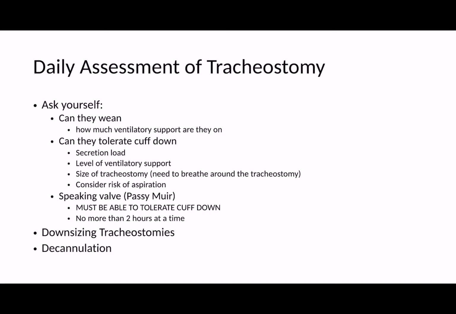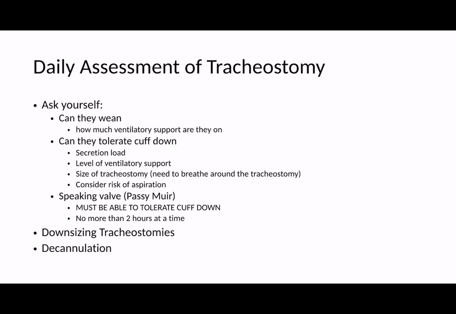Now, if you are bringing the cuff down, what you're saying is that you want the patient to breathe around the tracheostomy. Now, in order to do that, they need to have a small enough tracheostomy that there is space around the trachea and the tracheostomy. So, before you start bringing the cuff down, you might need to downsize the size of the tracheostomy. And that is the theory behind people coming down on the size of the tracheostomy to help with weaning.